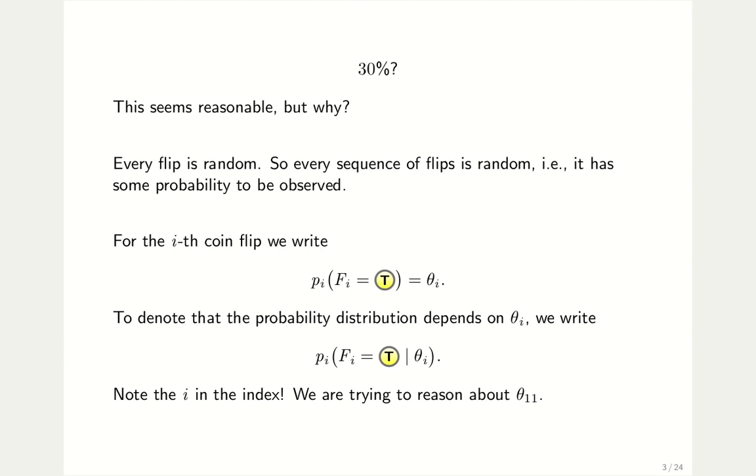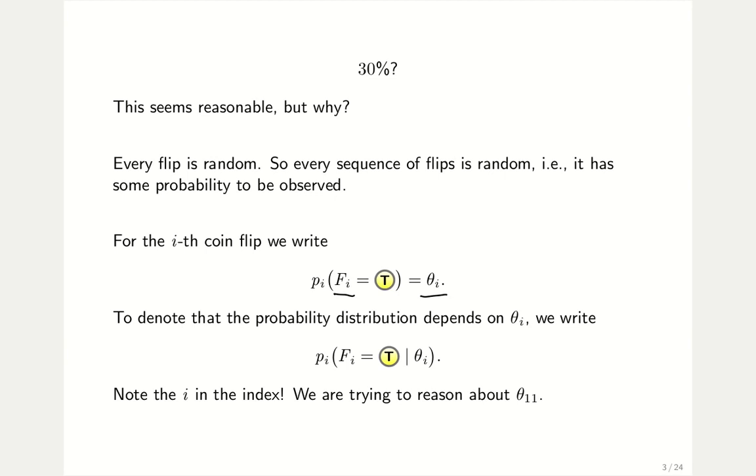And in order to do this, we need to formalize our coin flip. We need to find a formal language for the random experiment in order to be able to draw conclusions about it. Now, every flip is random, so the framework that we use is obviously probability theory. And what we do is we have a parameter, an unknown parameter, theta_i, for the ith flip, that tells us whether the flip i, denoted by this random variable F_i, will show up tails.